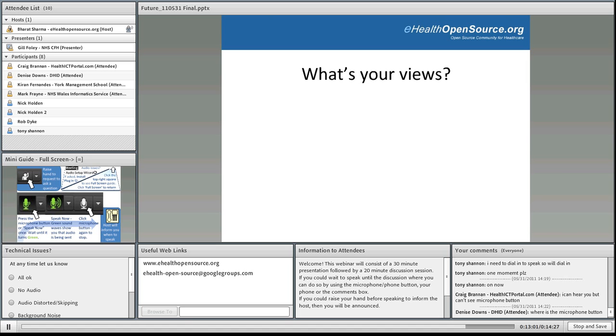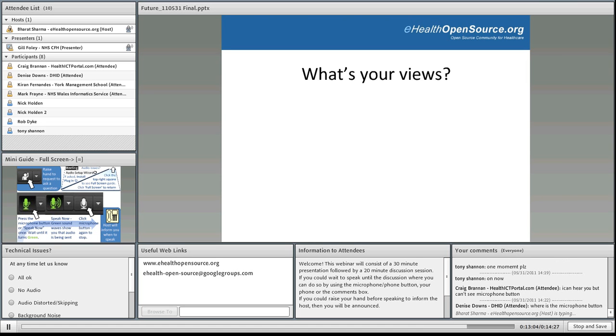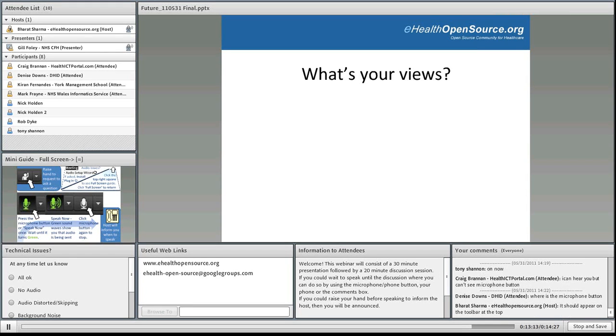So I guess my understanding is, having taken on this project, and Denise will be able to elaborate more, that we were looking to provide an infrastructure that was safe and encouraging, but without it being a top-down approach, so without it being Department of Health or NHS Connecting for Health led. So the reason we've got to where we are at the moment with these proposals is really to get people to put a toe in the water, and that was the initial reason that we are where we are now.